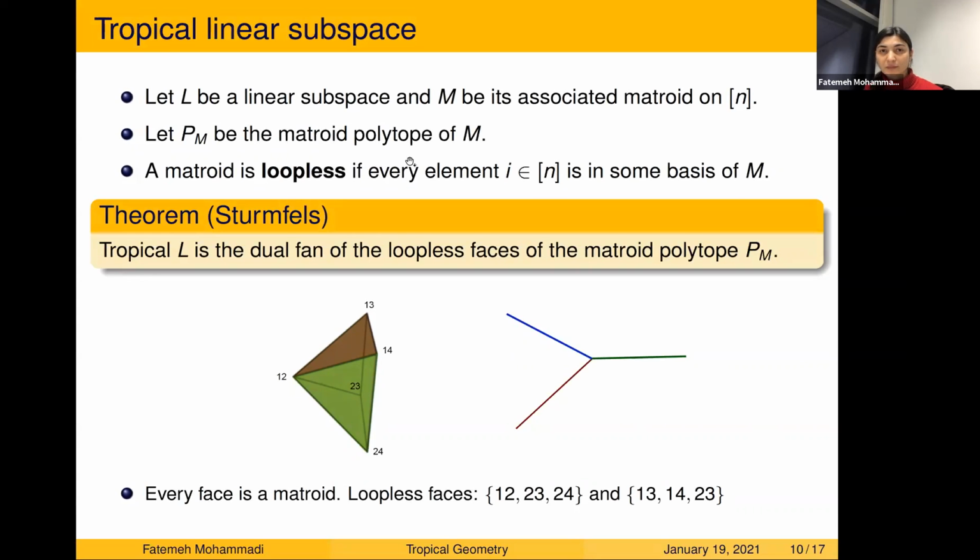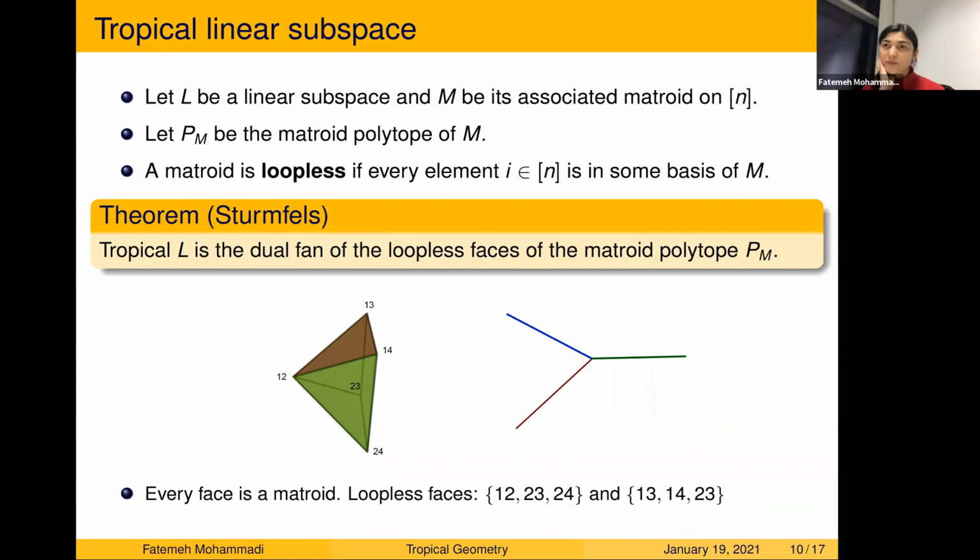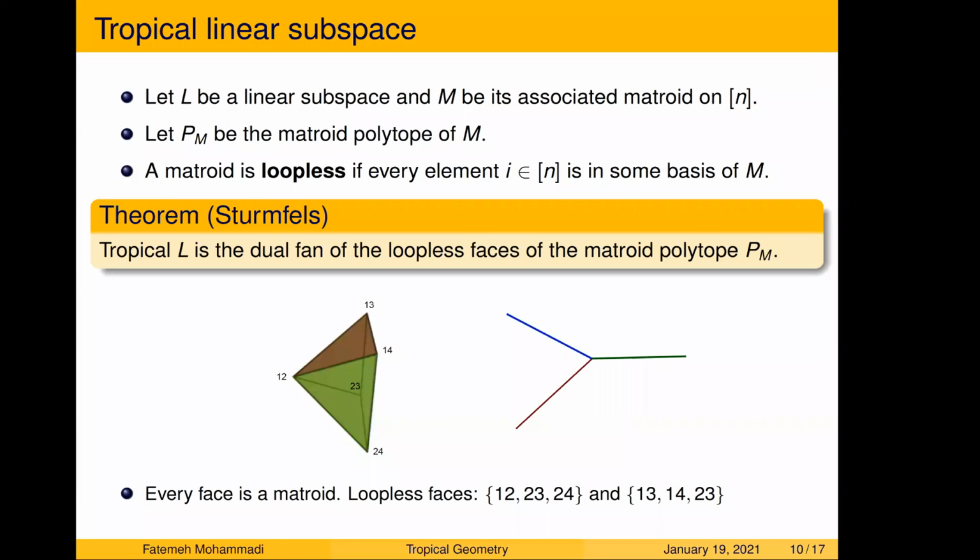I'm wondering if the results where the hypersimplex appears can be generalized to other polytopes. Yes, because the hypersimplex corresponds to the uniform matroid, right? So for other matroids, we have other polytopes.